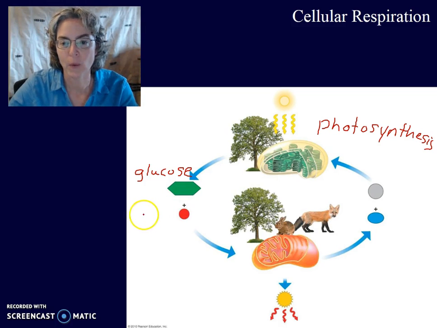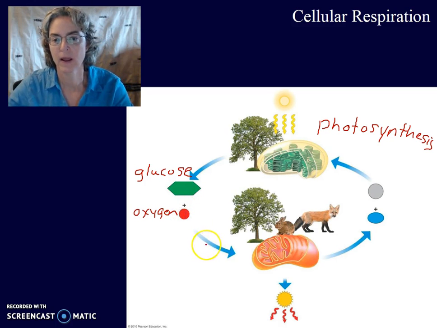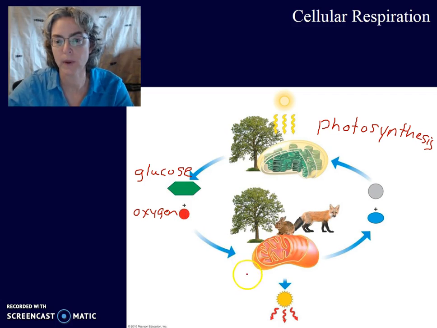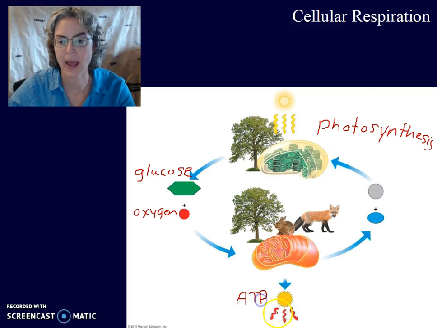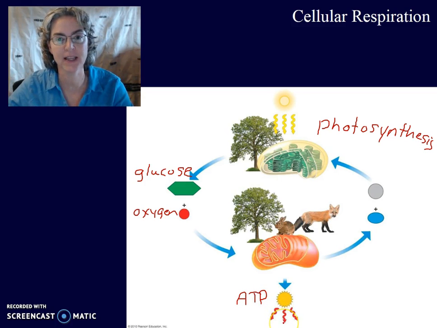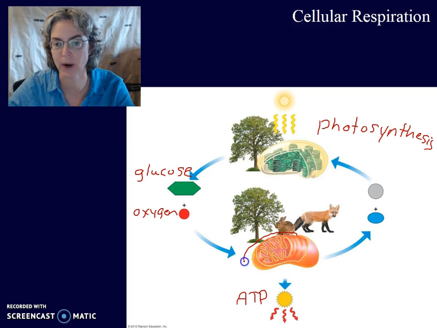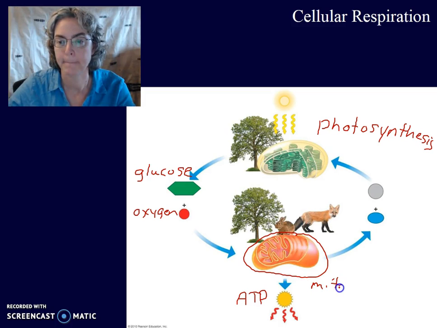and with oxygen, can form ATP and then be able to use the energy in the ATP molecule to do work. And most of that process is done right here in an organelle called the mitochondria.